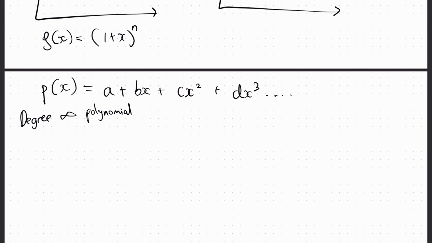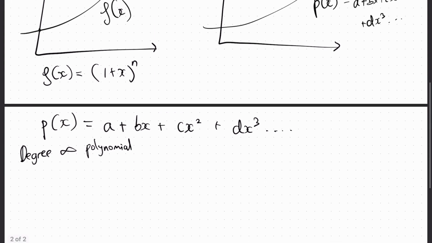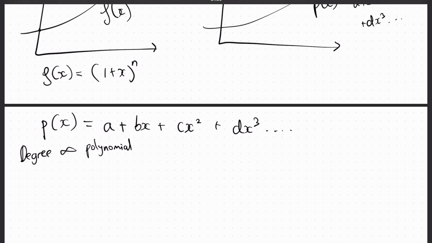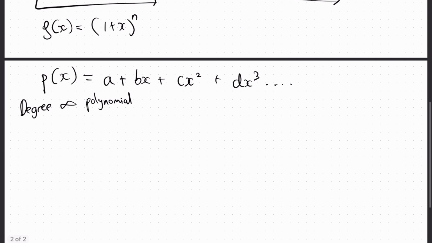You can see it's going to keep on going until something times x to the infinity. So that is our goal, and we want to match p of x to this general case here. This is pretty simple so far. Let's rule this off and we'll start matching.